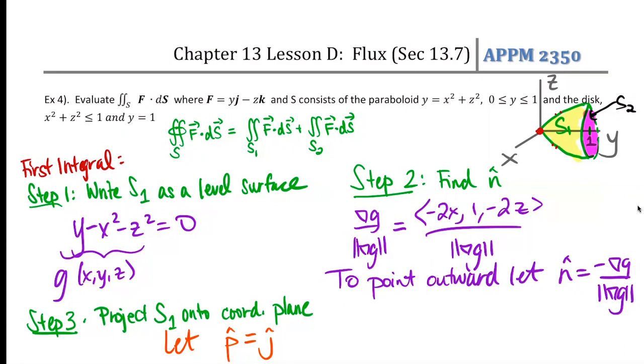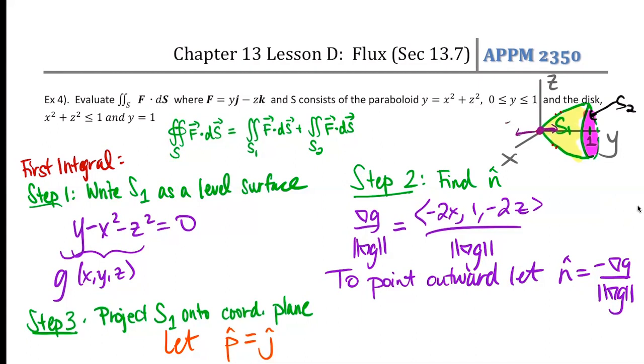And you'll notice that in order to make it point outward, I'm going to need to take the opposite of the gradient from my particular point. And you can see that by just looking at what happens at 0, 0, 0. When x, y, and z are 0, my gradient is the vector 0, 1, 0, which is pointing like this, but I actually want it to point outward.